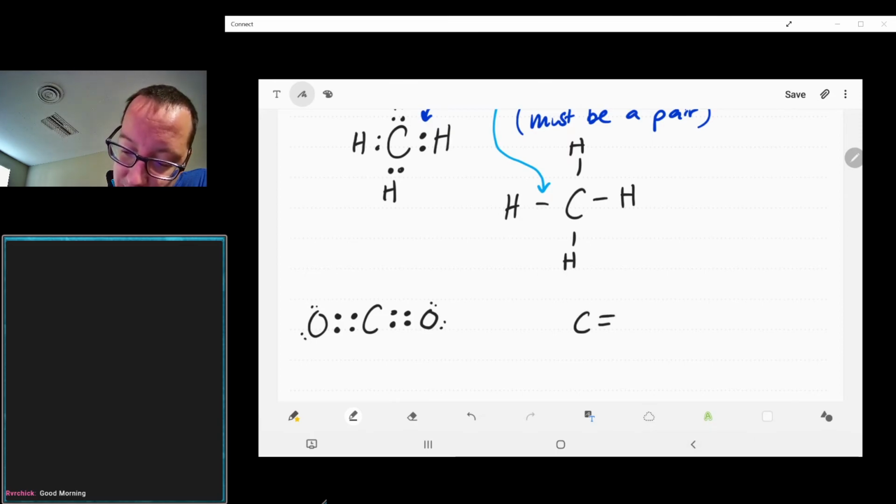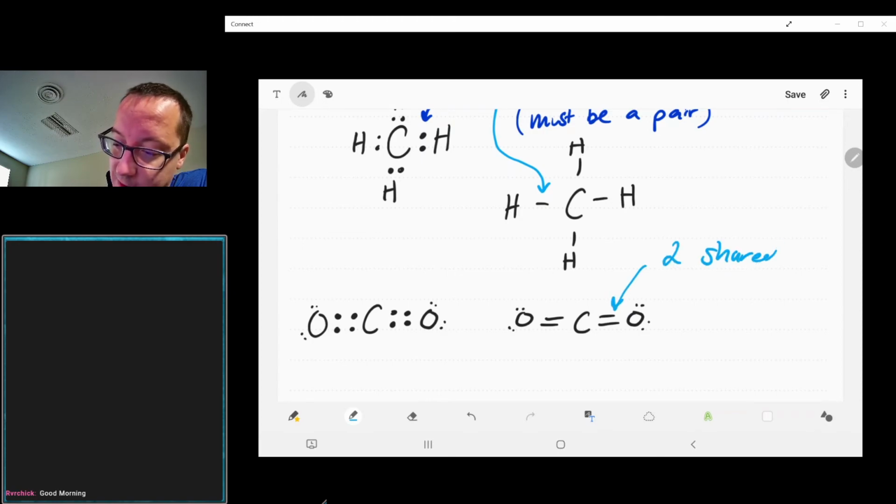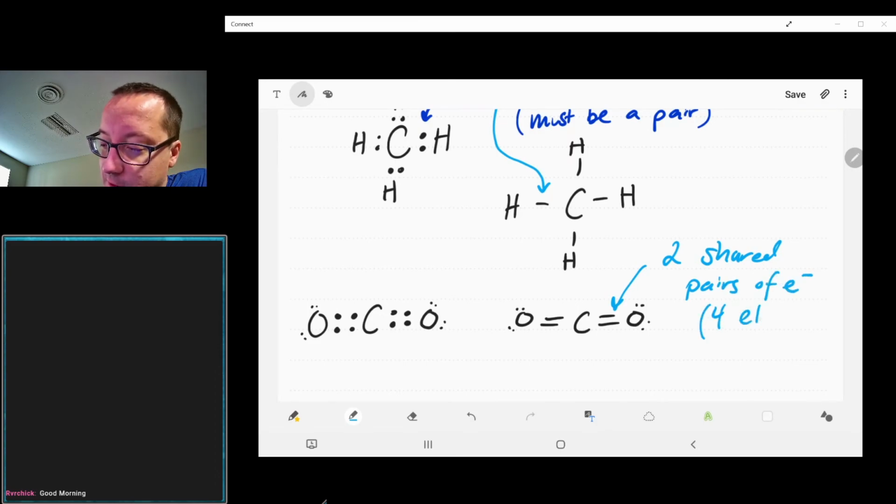We would perhaps redraw this a bit more neatly, where now we're sharing... that's a terrible arrow. This would be two shared pairs of electrons, and that would be 4 electrons total then. 2 pairs, right? So 2 pairs means 4.